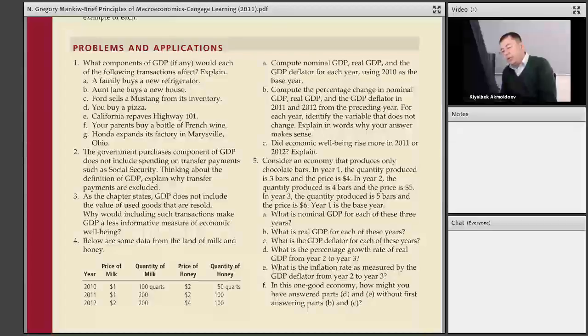That's why you have no contribution to GDP, and it is not included in gross domestic product, or GDP in short.